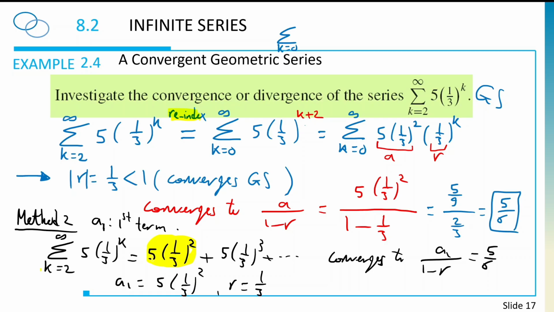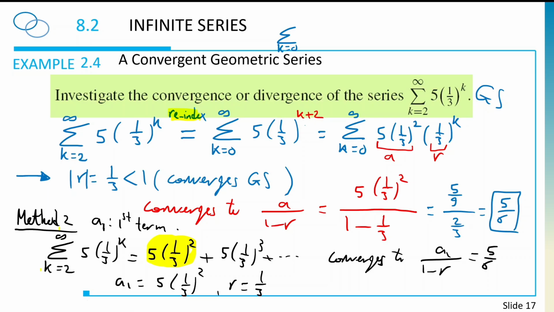You need to always use A as the first term, not the number 5. So I can't always use A as 5. If the index is other than 0, I need to check what the first term is. Just expand, try to replace the first value. K equals 2, so the first term is 5 times 1 over 3 squared. So with this method, you need to be careful about the first term, or else use the re-index. It's up to you.